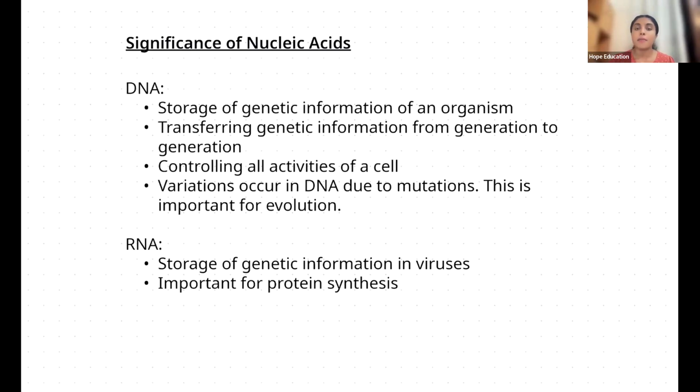While you write, I will explain this last point. What is this? Variations occur in DNA due to mutations, and this is important for evolution. What does that mean? Have you seen in movies or pictures or documentaries the early stages of human beings?